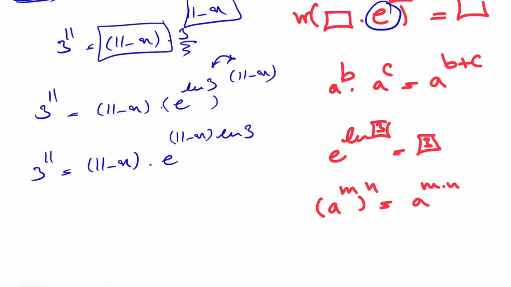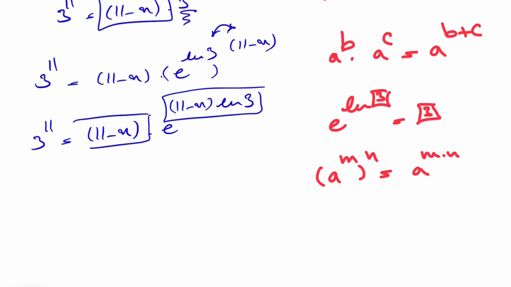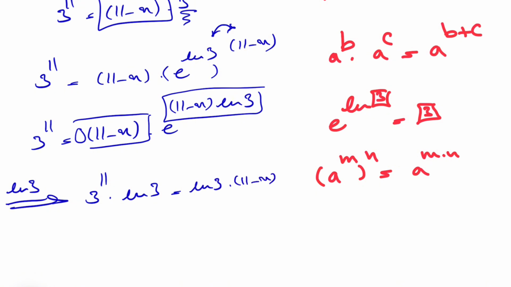Now if we look at our box, we'll see that it's missing ln of 3 here. So if we multiply this by ln of 3, on the left side we have 3 to the 11 times ln of 3, and on the right side we get ln of 3 times 11 minus x, e to the power of 11 minus x times ln of 3.